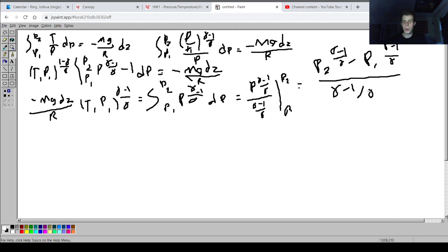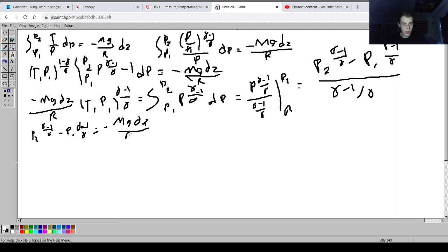So now we will be able to multiply the gamma minus 1 over gamma to the other side, which we have over here. I just took this little section and solved for it just to save a little bit of space. So our formula now is going to look like this. We are going to have P2 gamma minus 1 over gamma minus P1 gamma minus 1 over gamma. And this is going to be equal to, this is the big long one here, mg delta z.